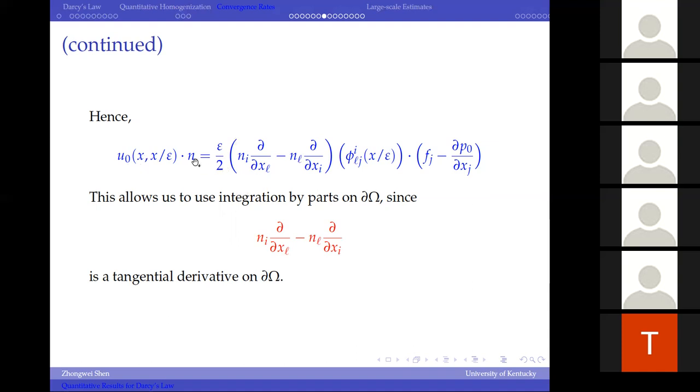And so when you have this tangential derivative on the boundary of omega, when you integrate this normal component against another function on the boundary, you can do integration by parts. You can bring this tangential derivative to the function you are integrating against. And this, of course, also generates this factor epsilon, which I needed. This epsilon comes from the fact that if you take the derivative of phi of x over epsilon, that will generate 1 over epsilon, and I need the epsilon to cancel out.